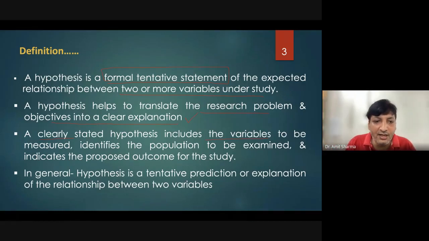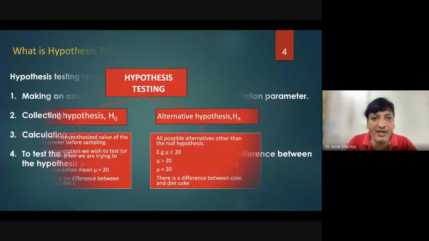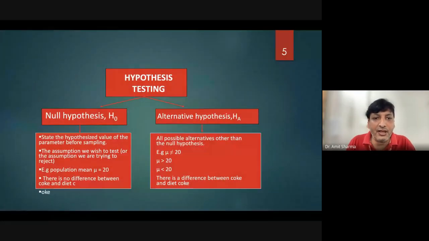In general, we have another definition: a hypothesis is a tentative statement, or explanation, or a prediction made by a researcher of the relationship between two variables. One variable will be called independent, and the second variable will be called the dependent variable. If you see the classification of hypothesis, it is classified into two different types. This slide I'll come to later.